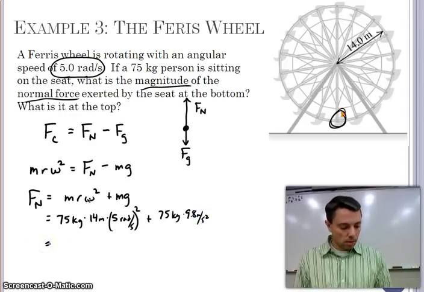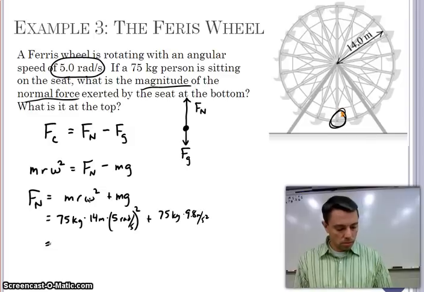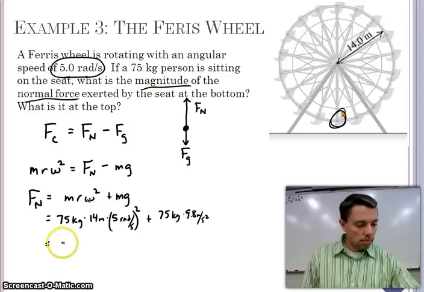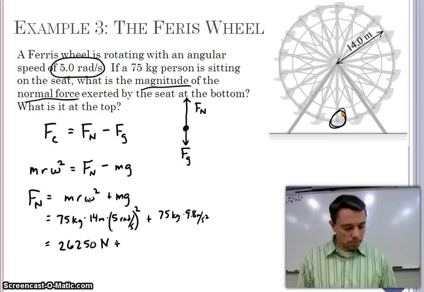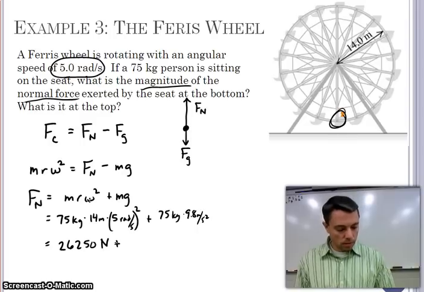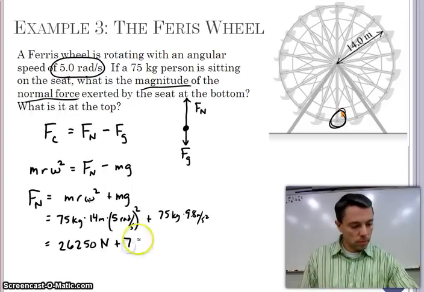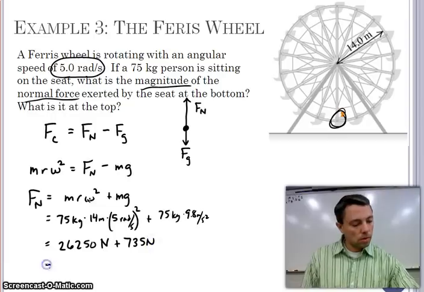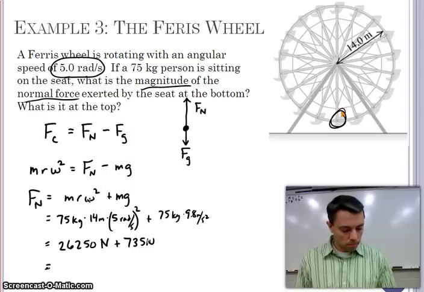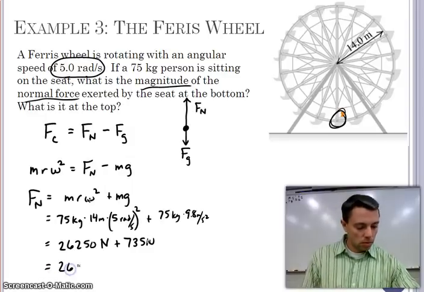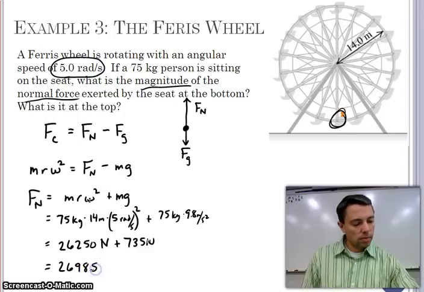I'm going to take 75 times 14 times 5 squared, and I get 26250 newtons, plus 75 times 9.8, which is 735 newtons, for a grand total of 26985 newtons.